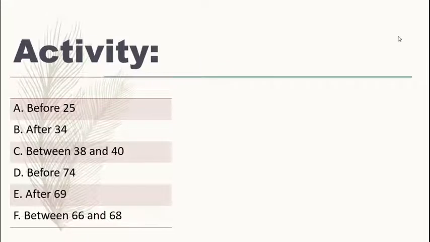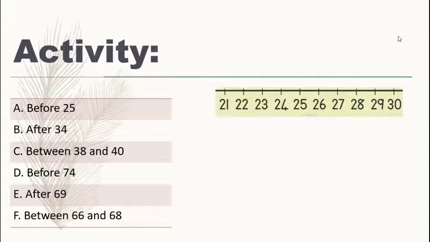So let's start. Letter A, before 25. We have the number line 21 to 30. The first thing we need to do is to mark 25. Again, it pertains to before, so we need to go to the left.